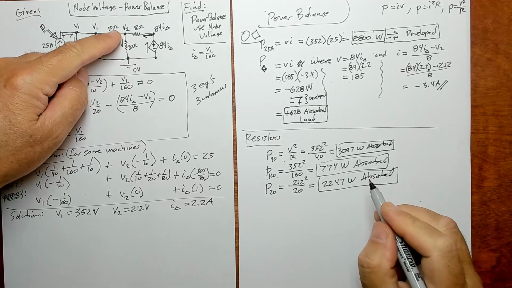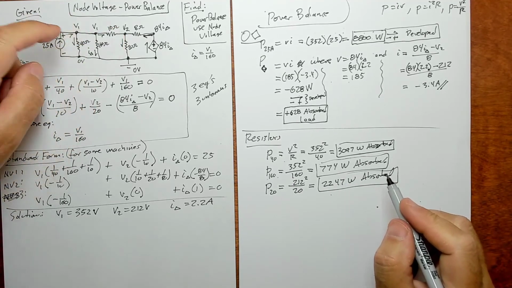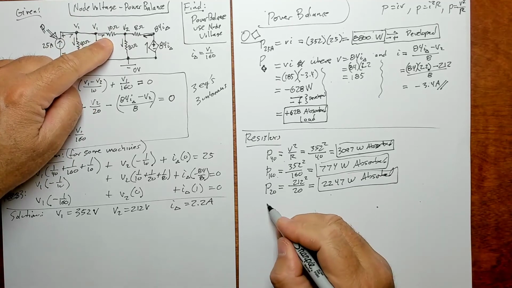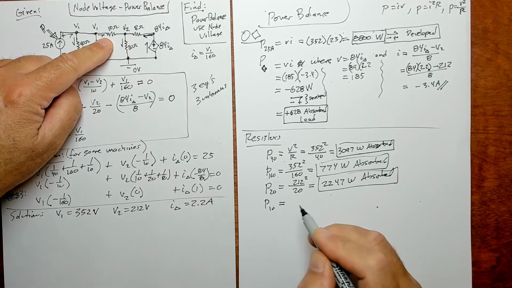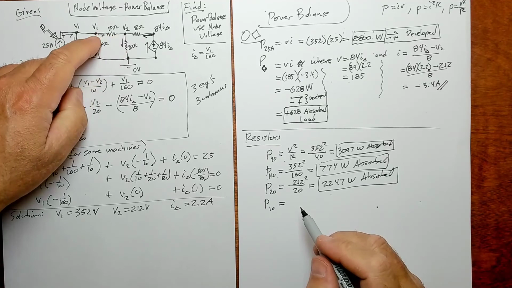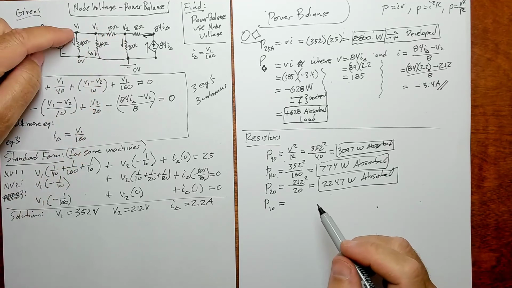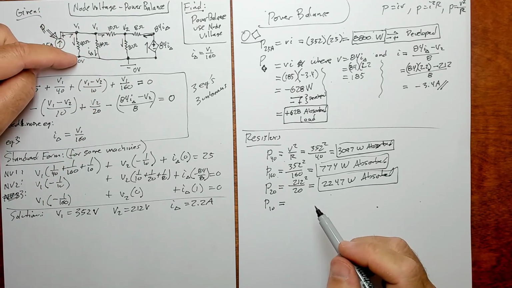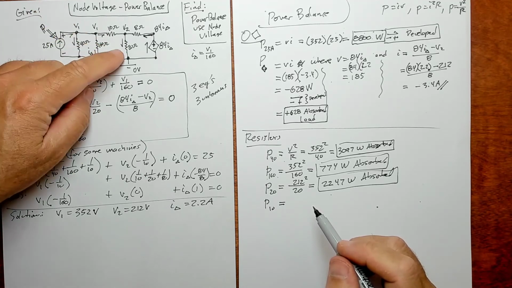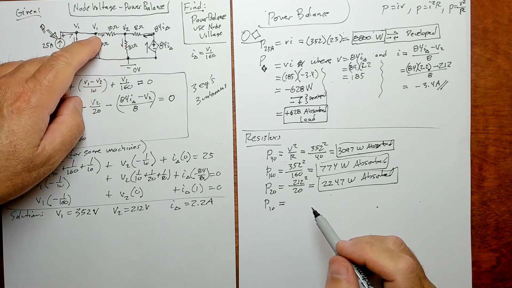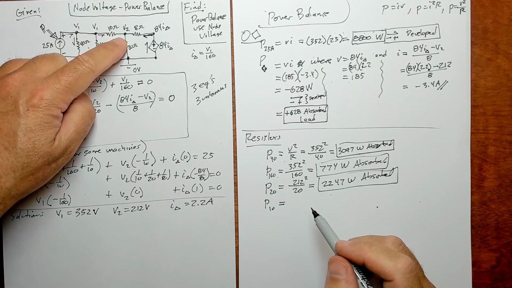Then we could do, what do you want to do? Let's do the power in the 10 ohm resistor. Now here we need to use the potential difference, which is what we were doing over here. We were using V1 minus 0. But here we're going to use V1 minus V2.